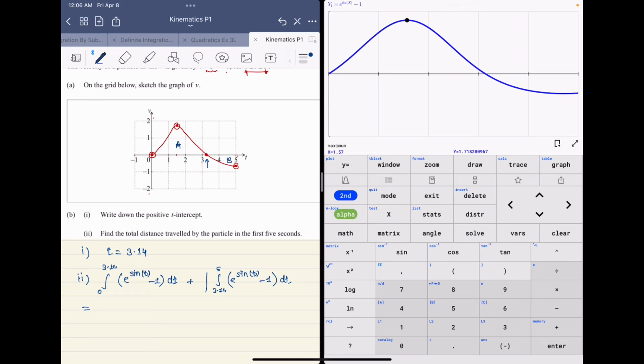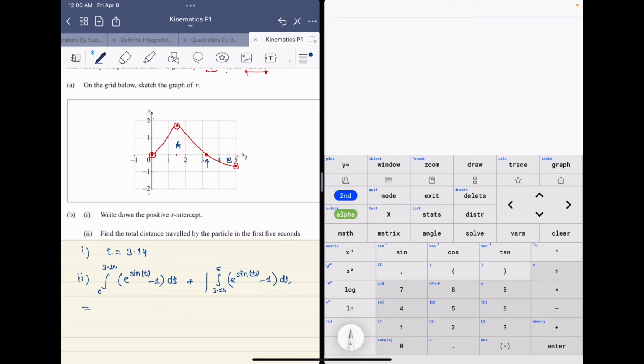How do you do this one? For this purpose, go in run matrix form, go in math, go in fnInt. Type lower limit is 0, upper limit is 3.14, go inside the function and type your function e raised to sine t minus 1.